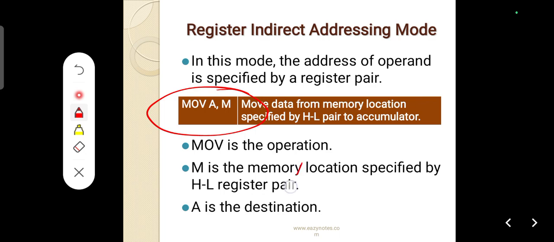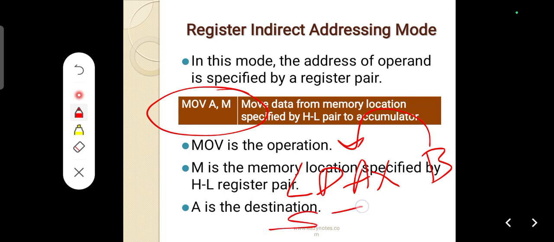Here you can also take an example of LDAX B. It means the memory location will be available with the BC register pair, and that register pair is going to provide us a memory location, and from that memory location the operand is going to be fetched and provided to the accumulator.